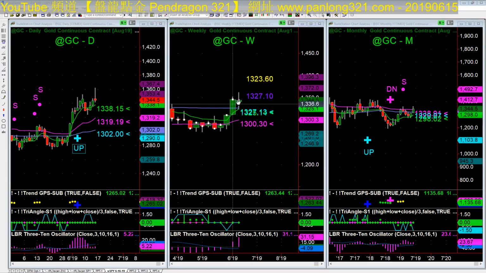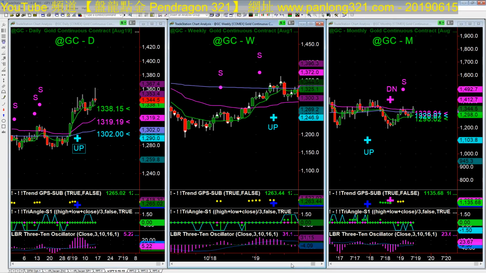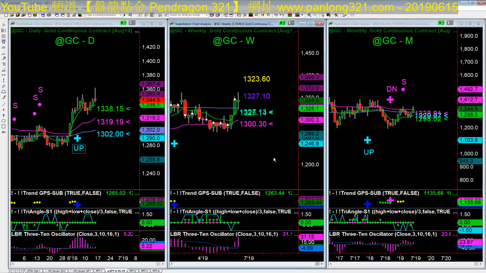So gold, obviously, is quite strong right now. The third thing we've got to look for is prices that are very close together. Right off the bat on the weekly chart, you can see this 1323 level, 1325 level is going to be quite strong, because on the weekly chart the numbers pretty much bunch up together.